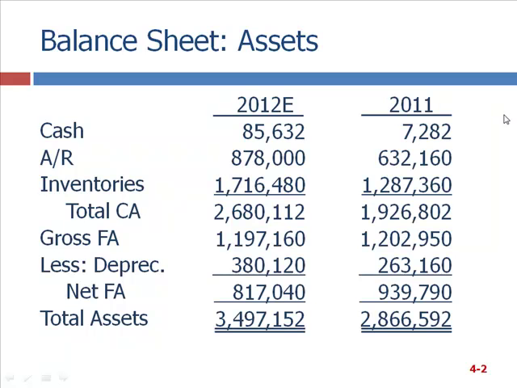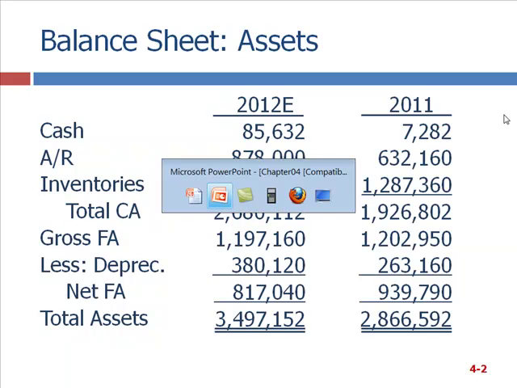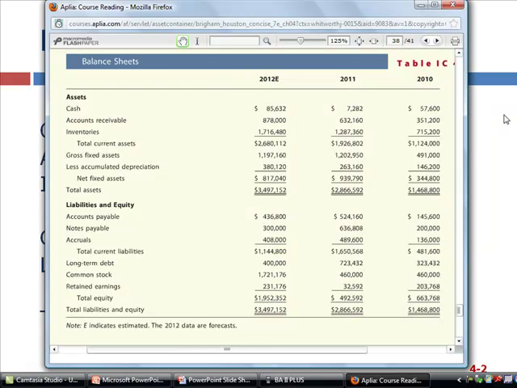You can see this information a little bit better as you go throughout the lecture on this chapter if you will turn in your textbook to the back of chapter 4. If you're looking at the 7th edition of the textbook, then the case begins, I think, on page 132, and here you're looking at the balance sheets for this company on page 133.